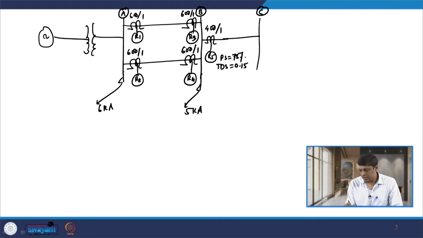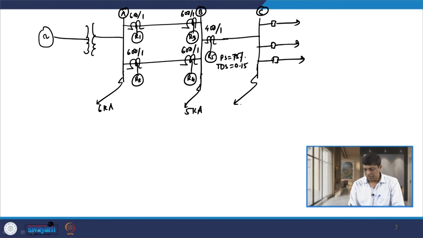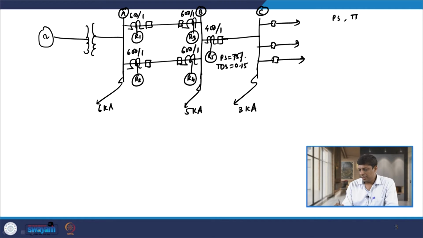There is another bus C, and we have different lines emanating from this bus. The fault level at bus C is also given, that is 3 kilo ampere, and we need to find out the plug setting and time dial setting of all these relays. We have a breaker here and a breaker this side also. So, now let us determine the plug setting and time dial setting of the relays R1, R2, R3 and R4.